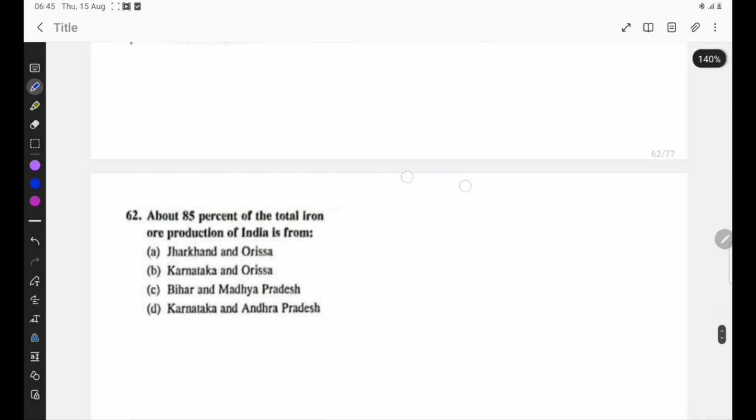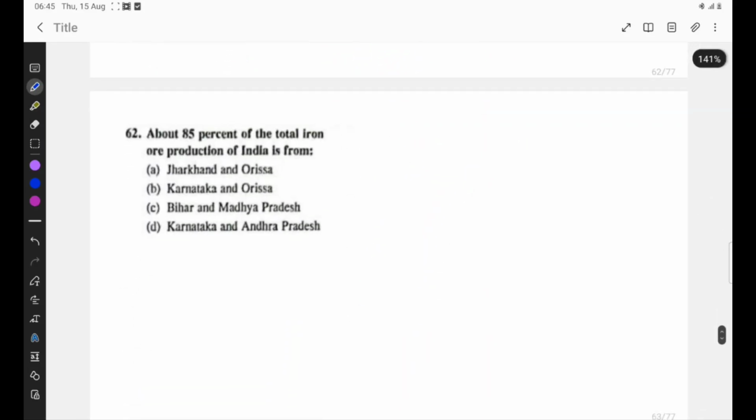The next question says, about 85% of the total iron ore production of India is from Jharkhand, Odisha, Karnataka and Odisha, Bihar, Madhya Pradesh, Karnataka and Andhra Pradesh. I think option B, yes, Karnataka and Odisha is the right answer.